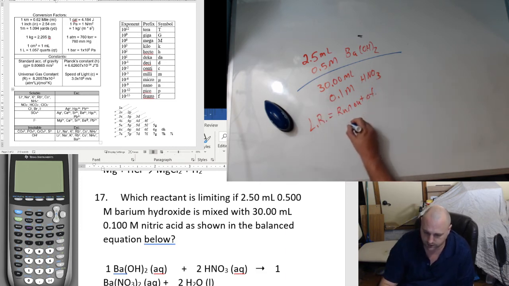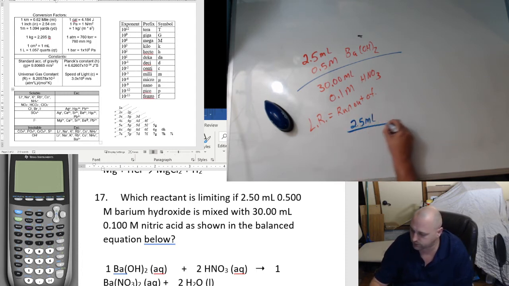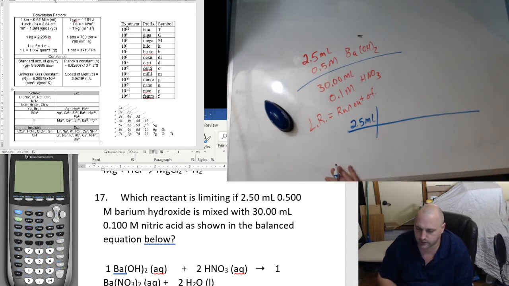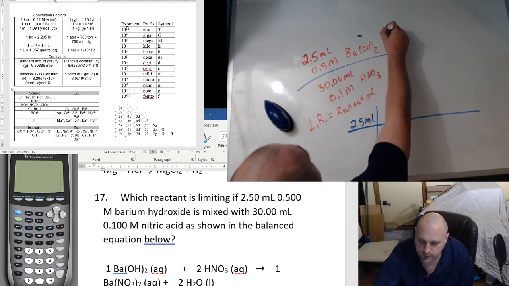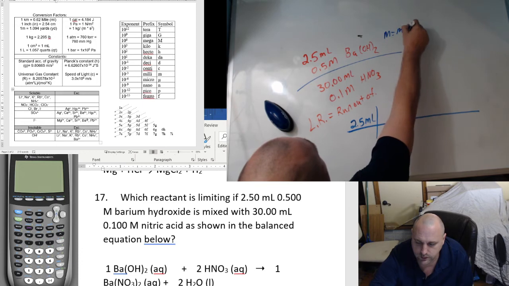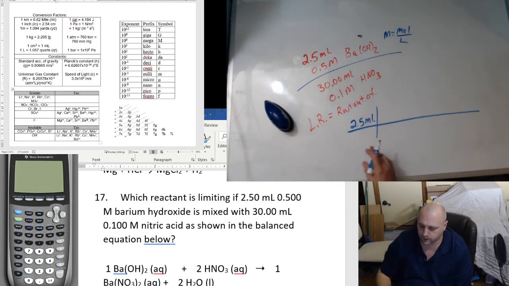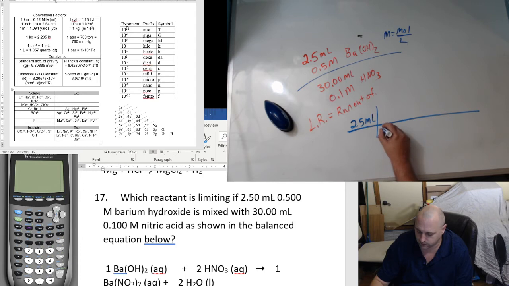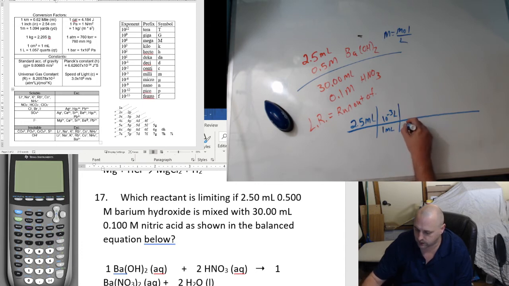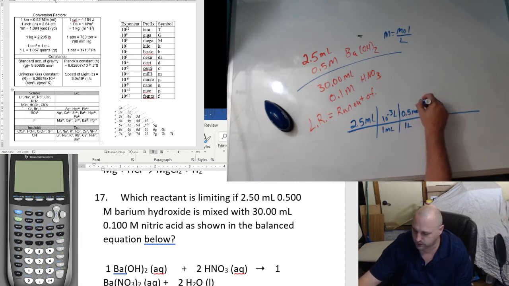So I'm going to take my 2.5 milliliters and I'm going to convert that over. So remember, M is moles per liter. And so I'm going to take the milliliters, and 1 milliliter is 10 to the minus 3 liters. And then 1 liter has 0.5 moles of my Ba(OH)2.